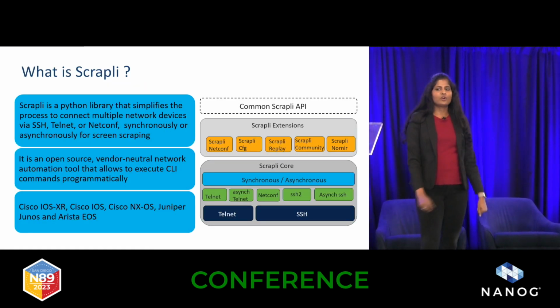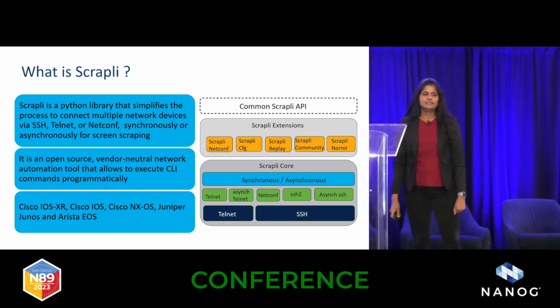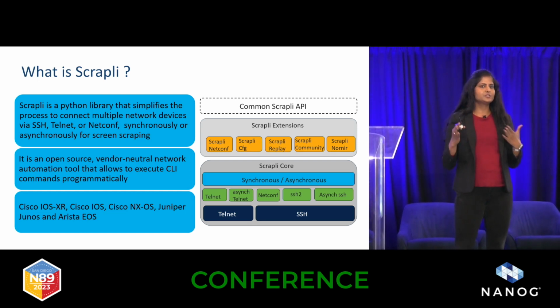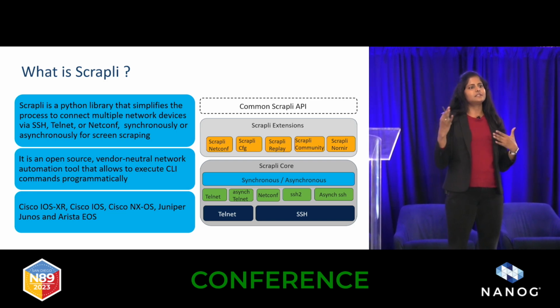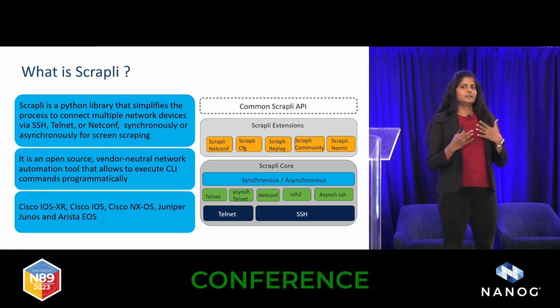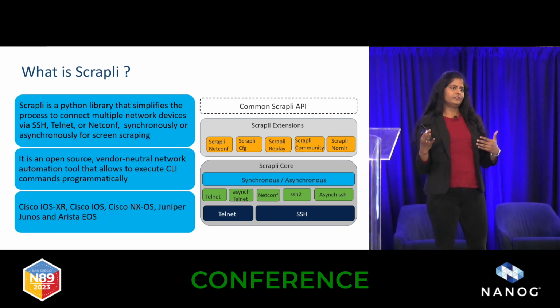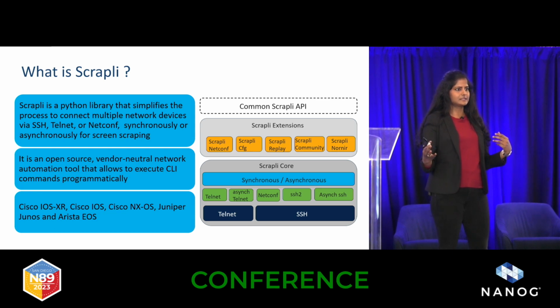Well, so what is Scrapli? Scrapli is an open source network automation tool which allows you to connect to network devices, the routers, switches, etc., using SSH or Telnet or Netconf, either asynchronously or synchronously, and retrieve the configuration from the devices, push the configuration to the devices, or do configuration validation.